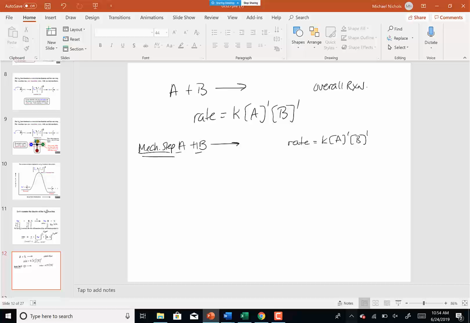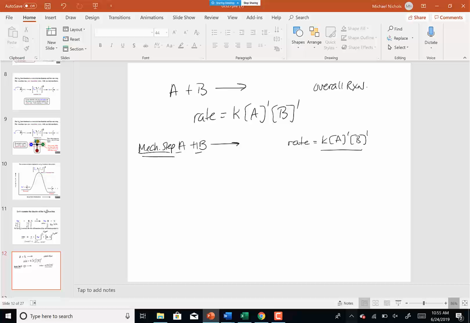And so if I assume that this reaction is the simplest of all mechanisms, A reacts with B, then its rate equation would be 1 A reacting with 1 B, so its rate would be A to the first, B to the first.